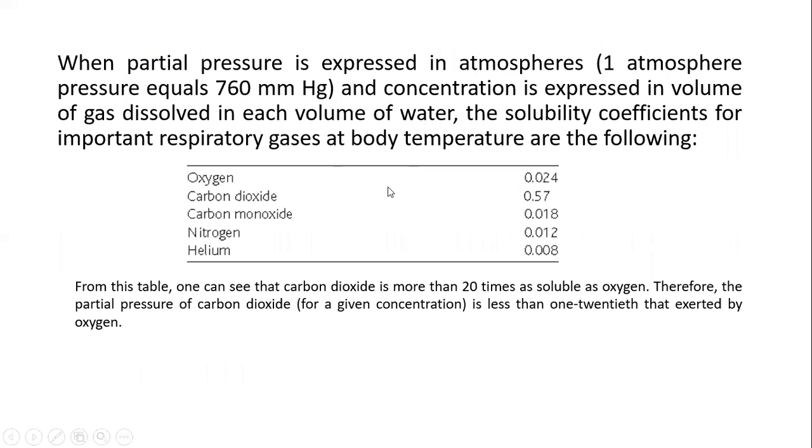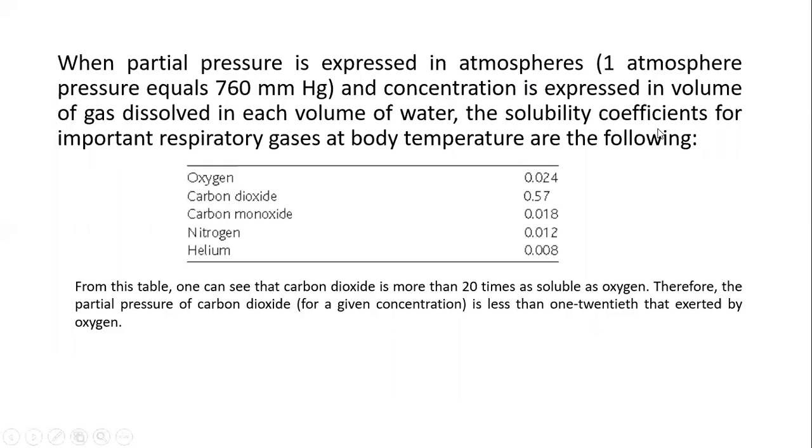Let's look at this table. When partial pressure is expressed in atmospheres, 1 atmosphere of pressure equals 760 millimeters mercury, and concentration is expressed as the volume of gas dissolved in each volume of water.